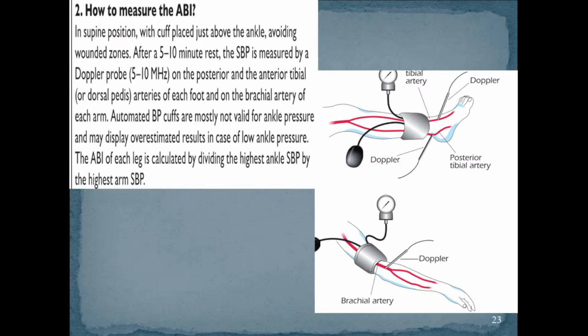Automated blood pressure cuffs are mostly not valid for ankle pressure and may display overestimated results in case of low ankle pressure. The ABI of each leg is calculated by dividing the highest ankle systolic blood pressure by the highest arm systolic blood pressure.